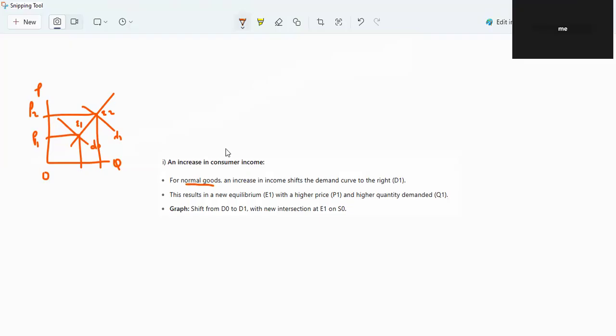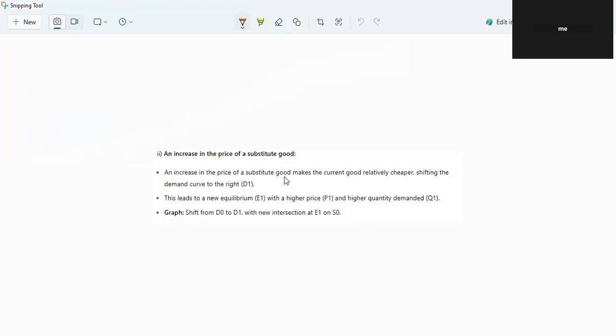So an increase in the price of a particular substitute will make the current good cheaper, so the shift will be to the right. We're looking at the current good. If the price of a substitute increases, the demand for the good we have here will increase from D0 to D1.